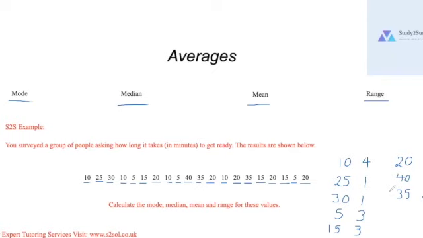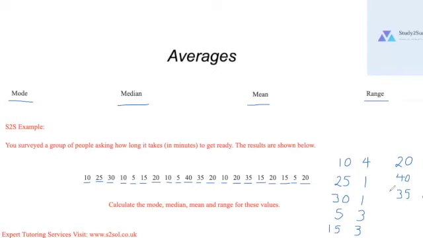With questions like averages, especially when you have to deal with data sets and information, missing out one person's answer can greatly affect the answer that you arrive at, which can also impact how many marks you get for that question. So it's super important that you do not miss out on any information.